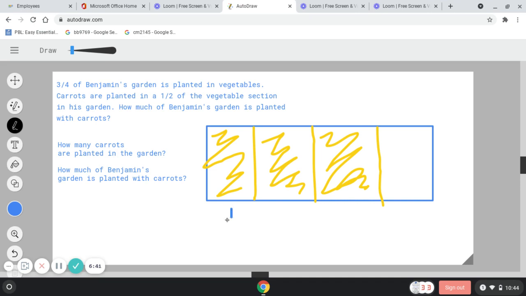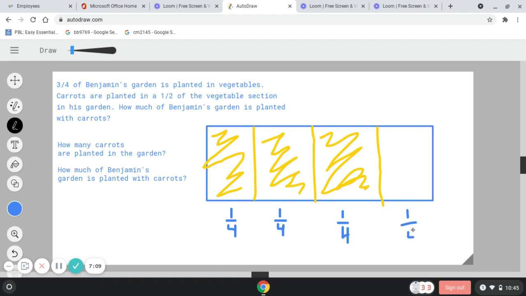So this is 1/4. This is a fourth. This is a fourth. And then this is a fourth as well, which in total gives us the whole.